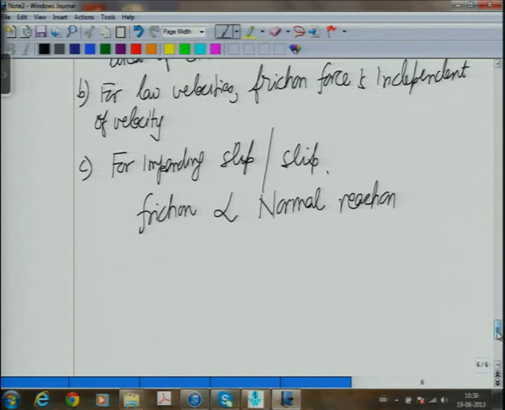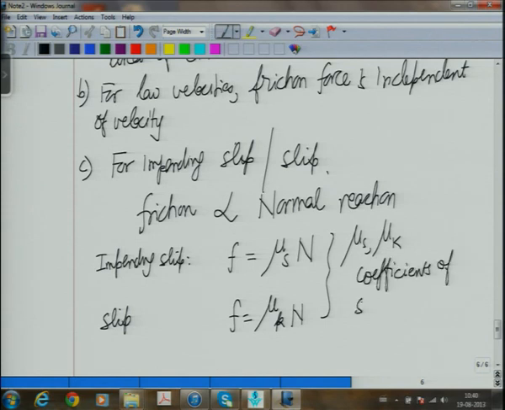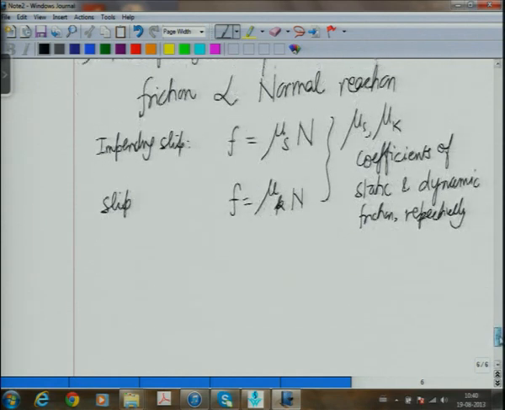If we have impending slip, then we write friction force is equal to mu s N, and if we have actual slip, then we write friction is equal to mu k N. Mu s and mu k are termed as the coefficient of static and dynamic friction respectively.